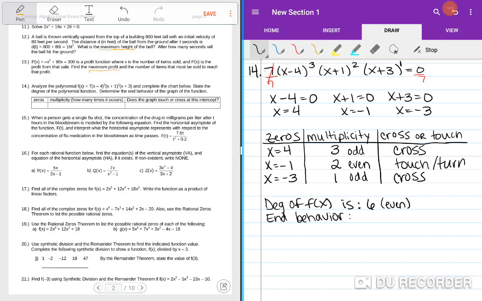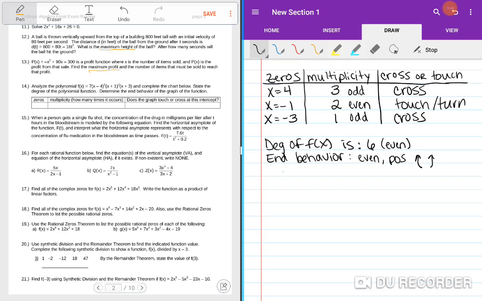And because I had a positive 7 up here, I have an even positive, which means they're going to go in the same direction, and it happens to be the positive direction. So my arrows are going to look like this. If we want to put that into words, we would say rise left, rise right.